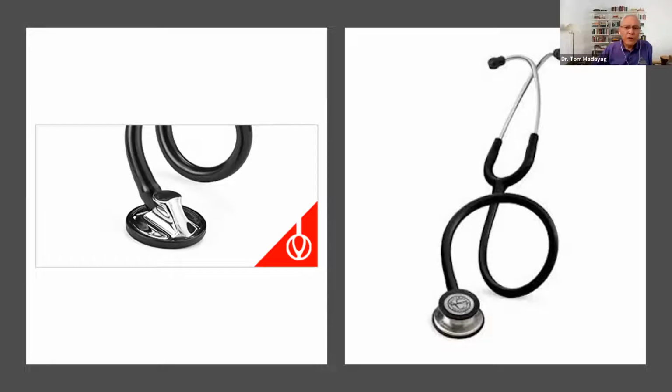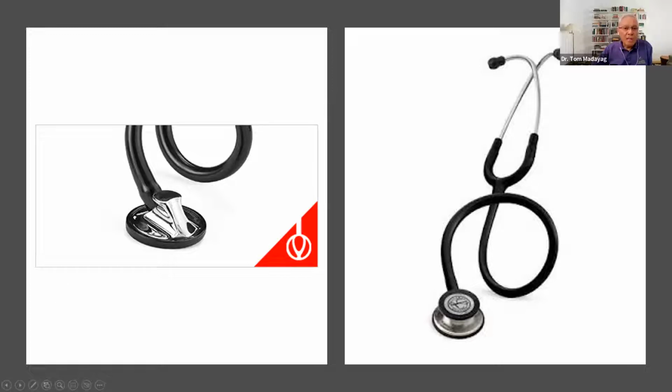Most stethoscopes have two elements to the chest piece, the diaphragm and the bell. The diaphragm is used to listen for high frequency sounds, while the bell picks up lower frequencies.